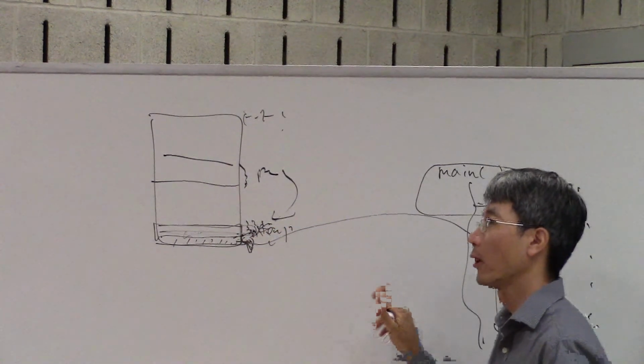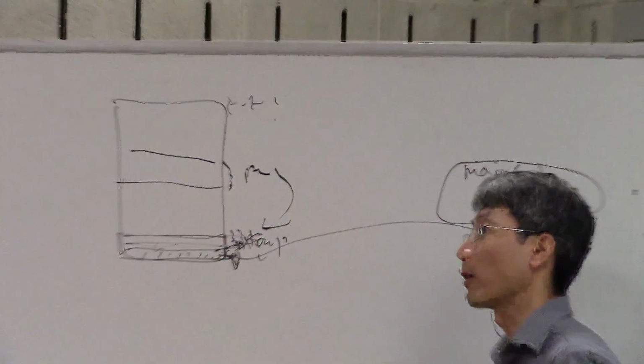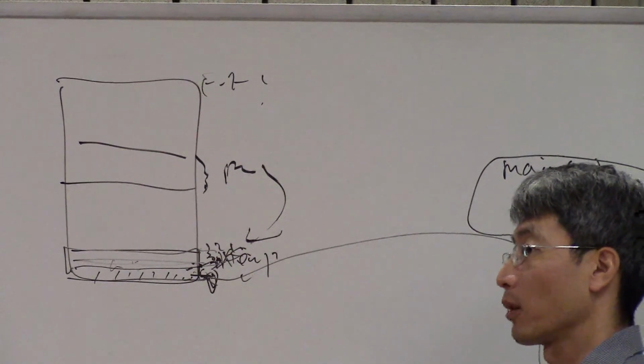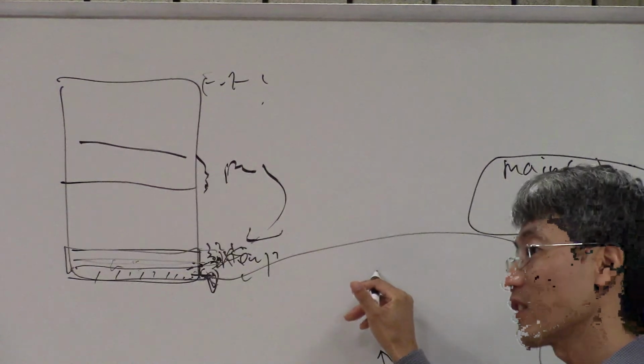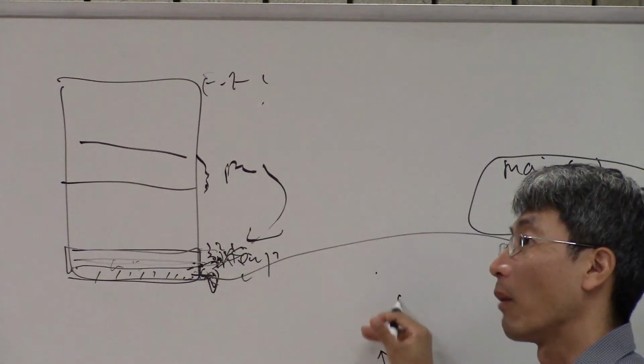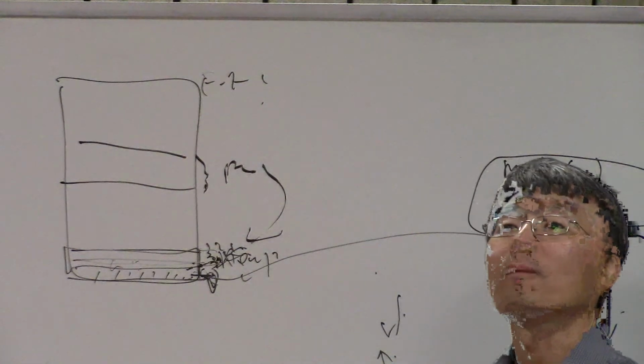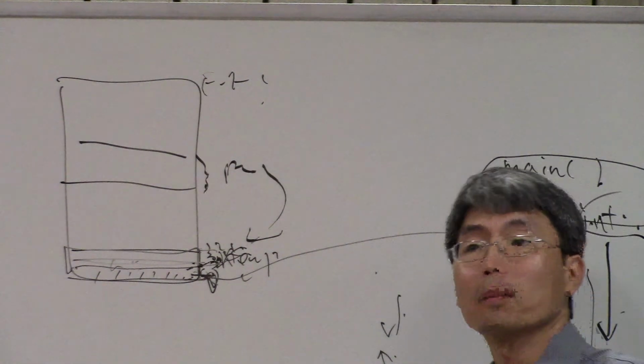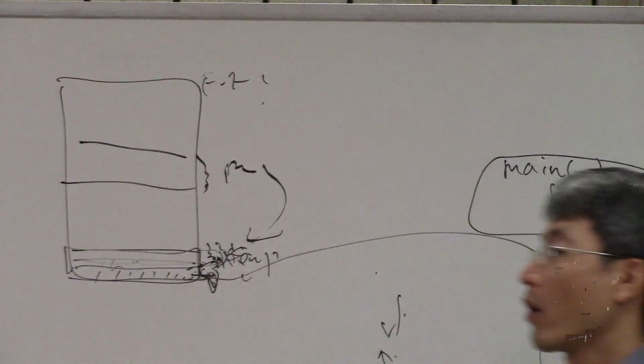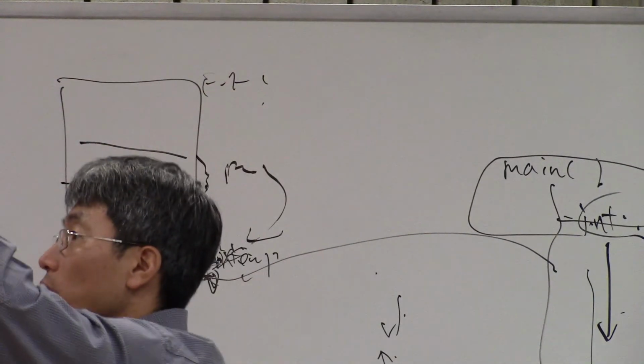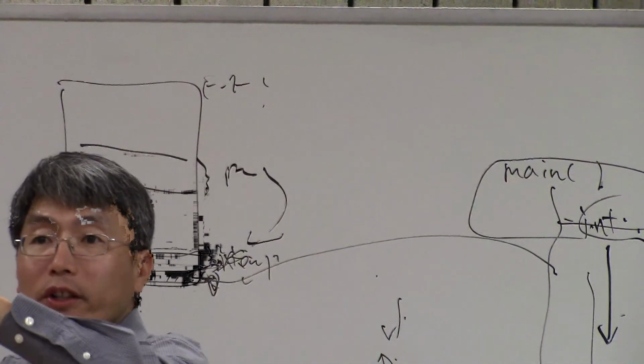Heap grows from bottom to top. Also, you have the stack. Stack grows from top to bottom. Stack will be used for local variables. A local variable will be gone once that function, that loop, that part is completed.